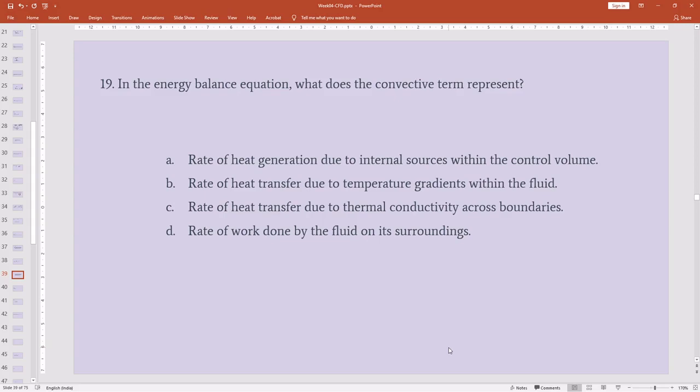Option B, rate of heat transfer due to temperature gradients within the fluid. Option C, rate of heat transfer due to thermal conductivity across the boundaries. D, rate of work done by the fluid on its surroundings. We can right away cancel the last option, work done, because it won't be the answer. So try to answer the question.